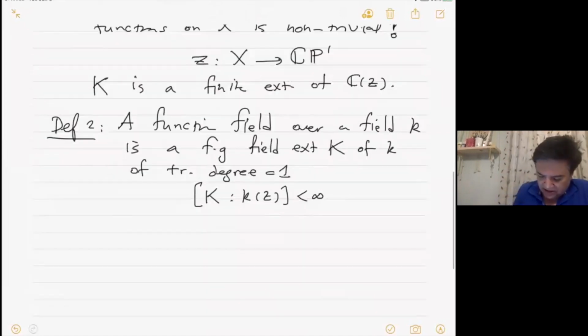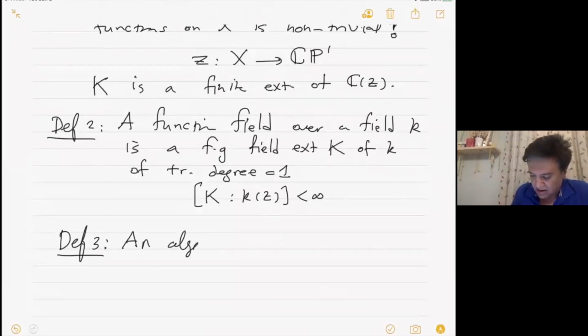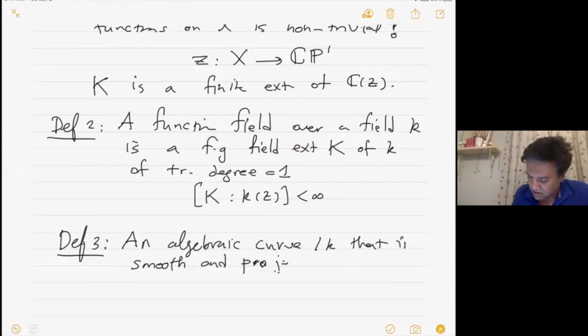And the third definition of algebraic Riemann surfaces is this: an algebraic curve that's smooth and projective. Definitions 2 and 3 are equivalent to each other.